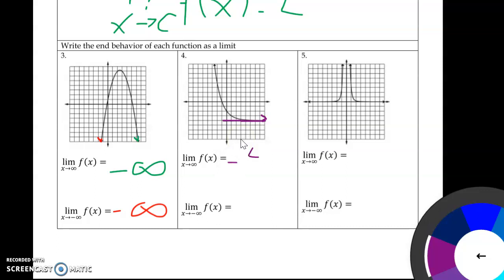Negative 4. And as x approaches negative infinity, as we go to the left for our x values as they're getting smaller, f of x is going up towards positive infinity.